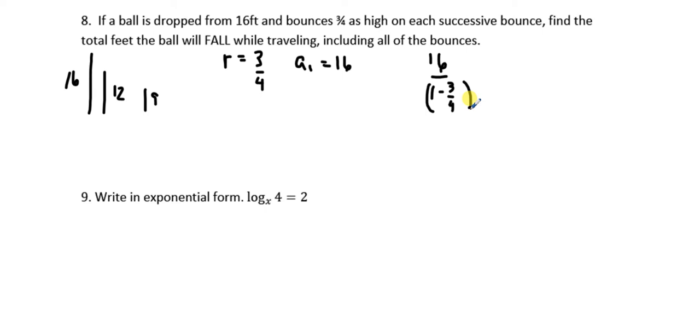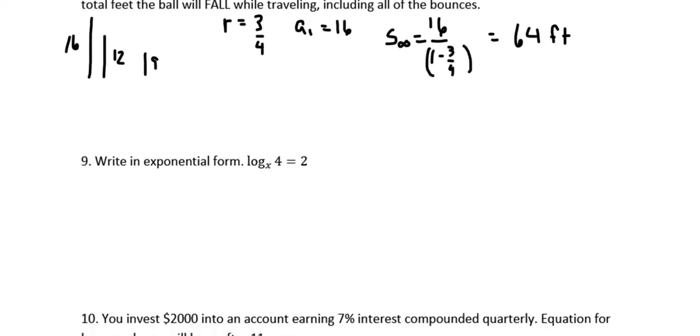So the total sum of this infinite series is equal to 64 feet. Now, when I dropped this a year ago, it's now at 63.999999999999999 feet. But sooner or later it's going to get to 64 once we get out there to infinity.